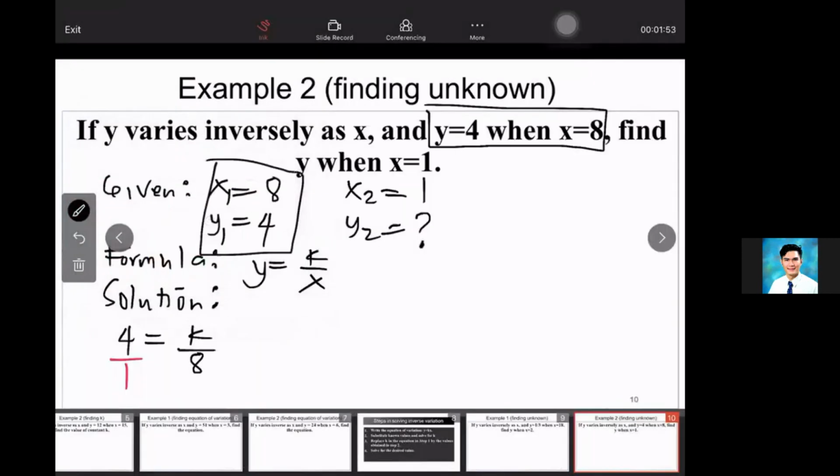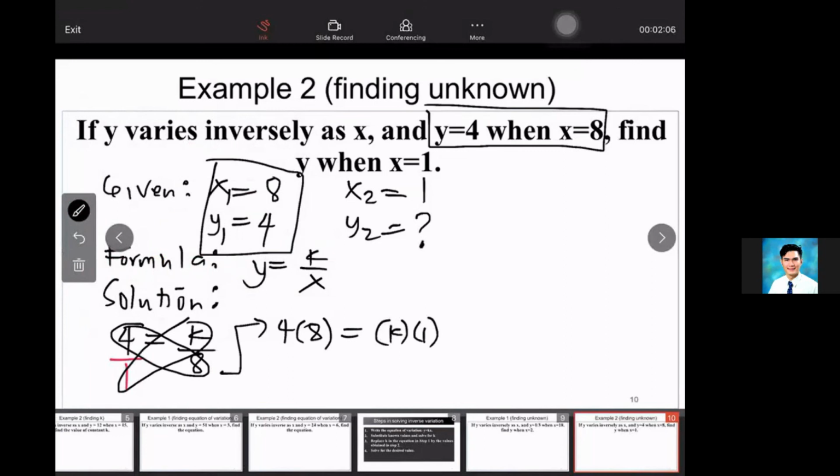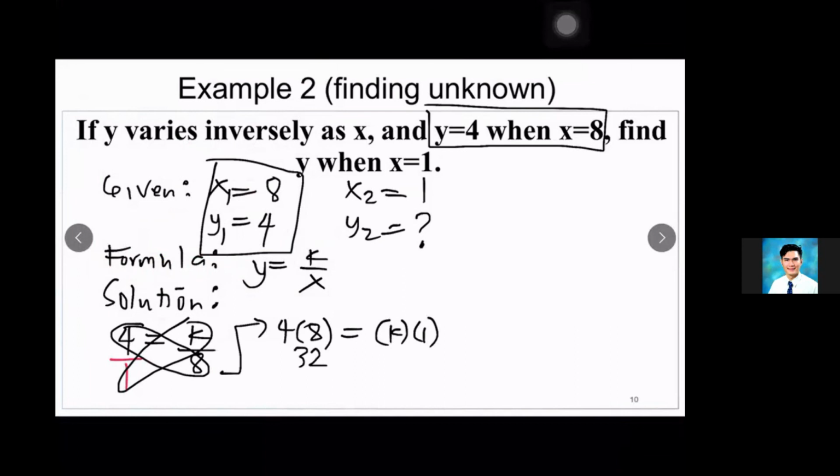Applying cross multiplication, we have 4 multiplied by 8 equals k multiplied by 1. So 4 times 8 is 32 equals k times 1, which is k. Let us just interchange it. It will become k equals 32. Therefore, k has the value of 32.